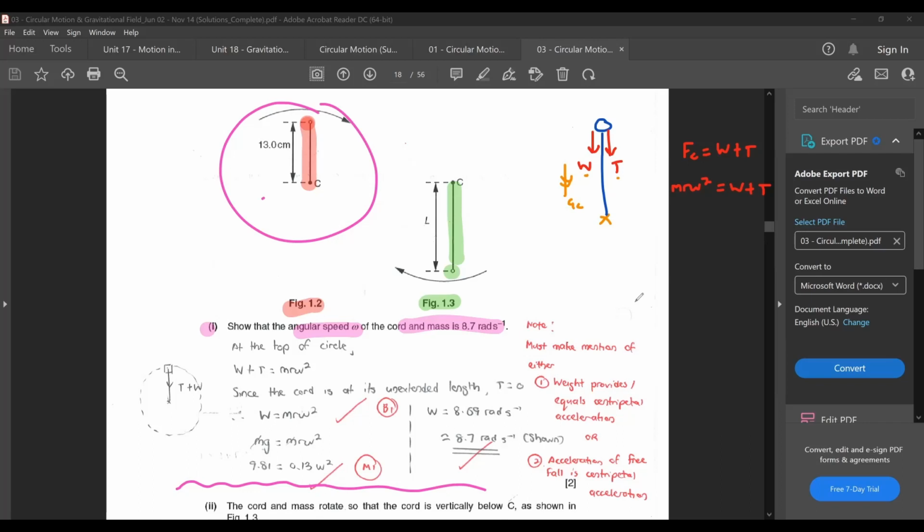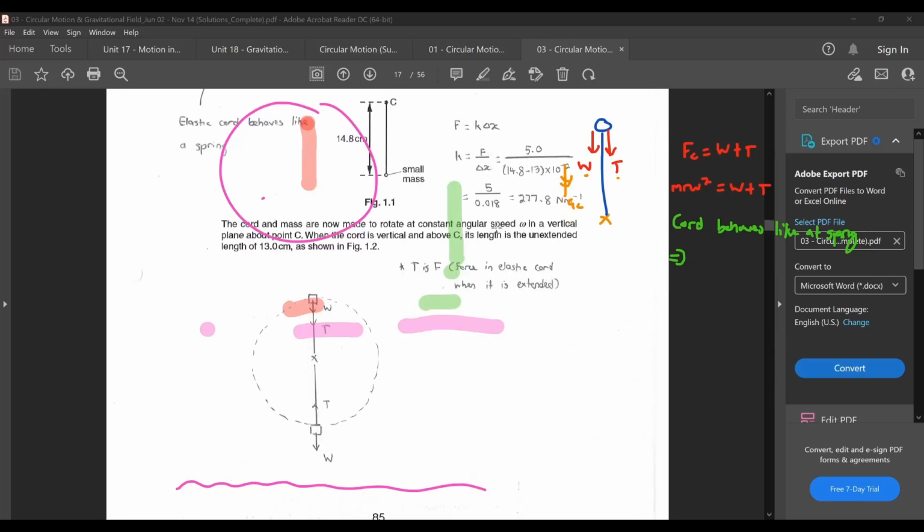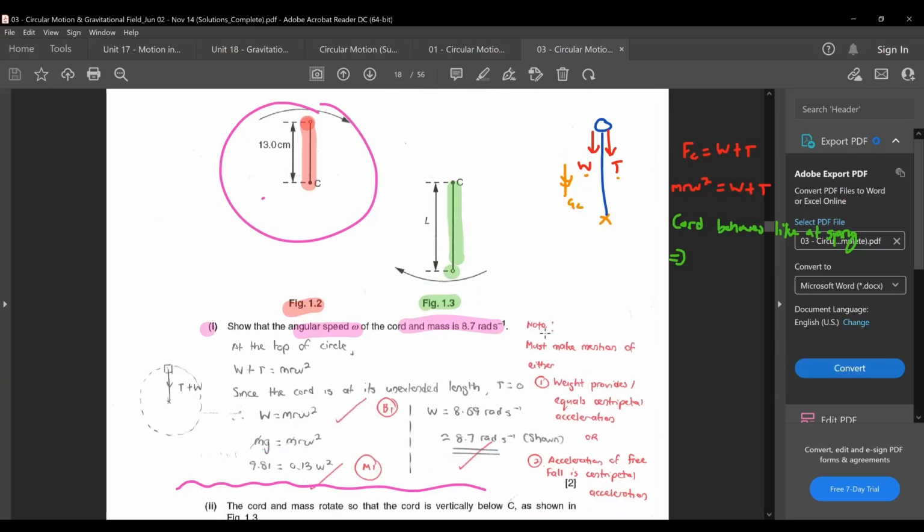Okay. Now, one thing to note here is this. Just now I mentioned to you that your cord is behaving like a spring, right? So from here, they told you that the length of your cord is the unextended length of 13 centimeter, and this will actually tell you that tension is 0.